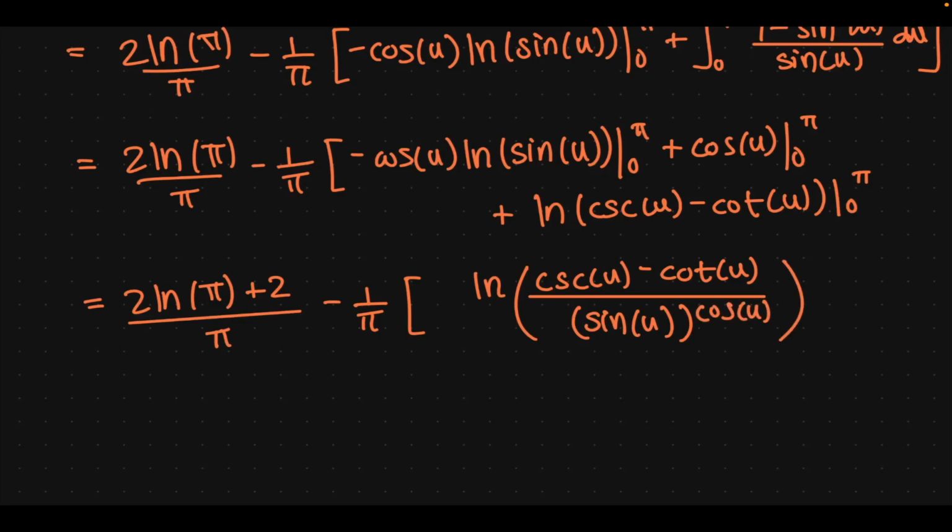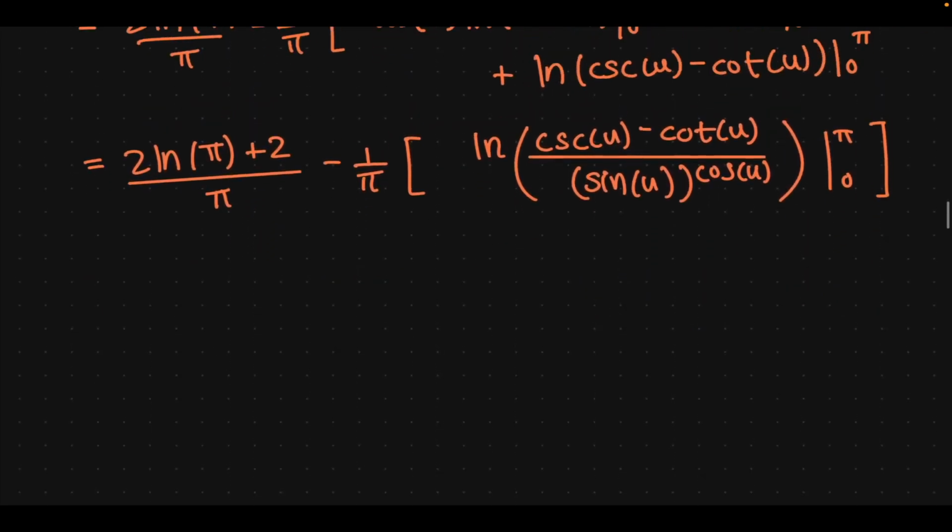Because we had a cosine u times the ln sine. So we can take the cosine, raise sine to the power of the cosine, and then combine them under the logs. So we get this big log. And you'll see why I'm doing this, because individually they're in an indeterminate form. Together they stand a chance of getting evaluated to something. But we can simplify them even further before we do such an evaluation.